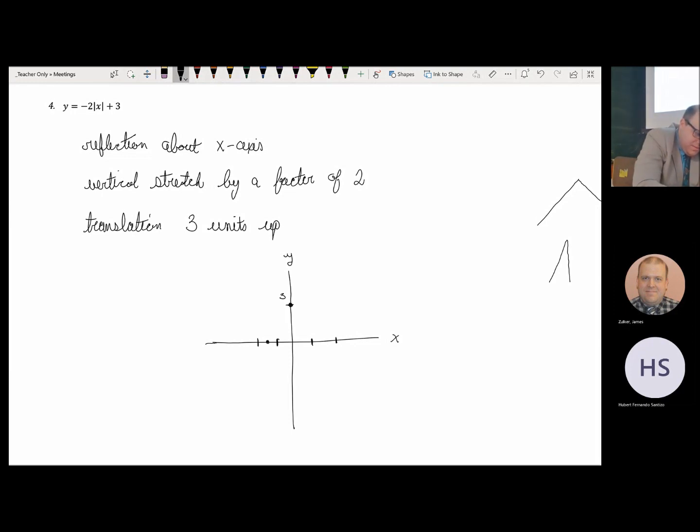So it'll cross exactly halfway between them.